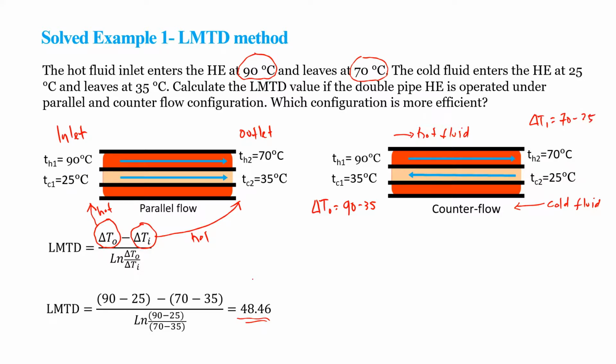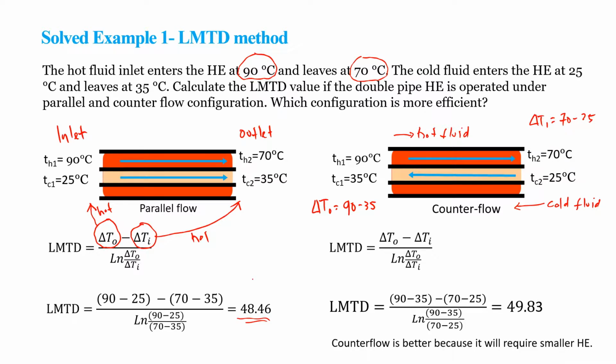So what we do next is apply the equation for logarithmic mean temperature difference, and finally we key in all of the numbers, and we end up with a logarithmic mean temperature difference equal to 49.83.